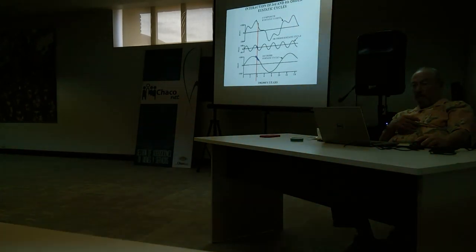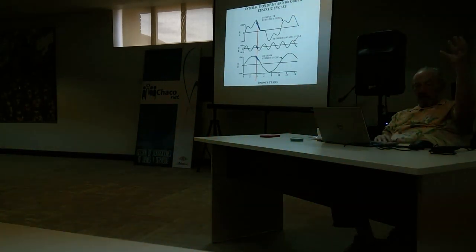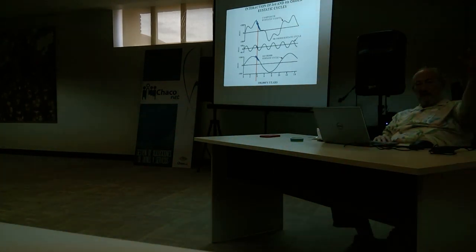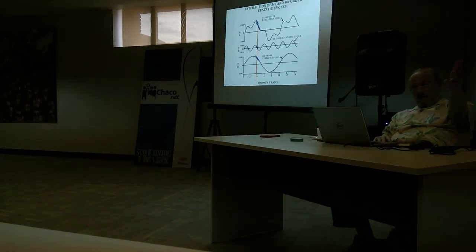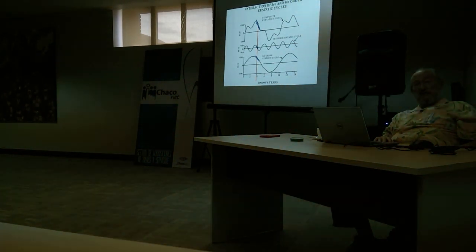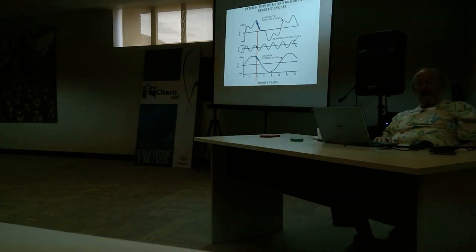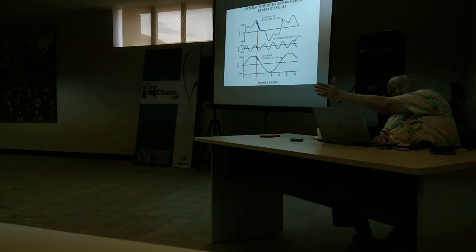What's going to be deposited during a very large drop in sea level? Well, you're going to have those submarine fans. You're going to expose the continental shelf, and you're going to erode the shelf and deposit those big submarine fans, because you're having a large drop in sea level, which means the shoreline is moving quite a way seaward.